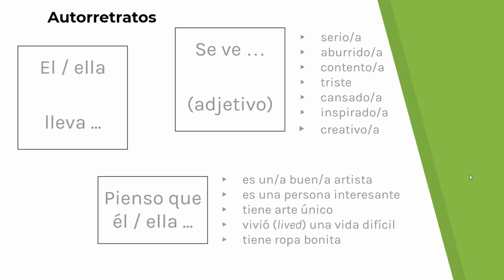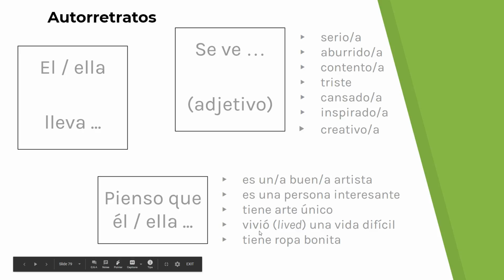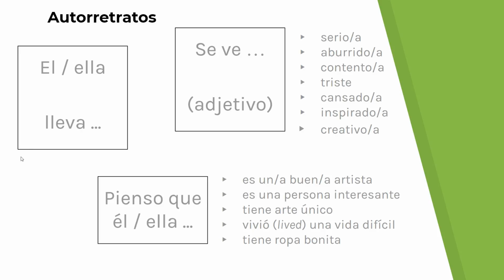Unique or different. Pienso que él vivió una vida difícil. Maybe when we look at a self-portrait, it seems like this person had a rough life. Pienso que él tiene ropa bonita. So we're going to use some of these sentences to write sentences about the different autorretratos.